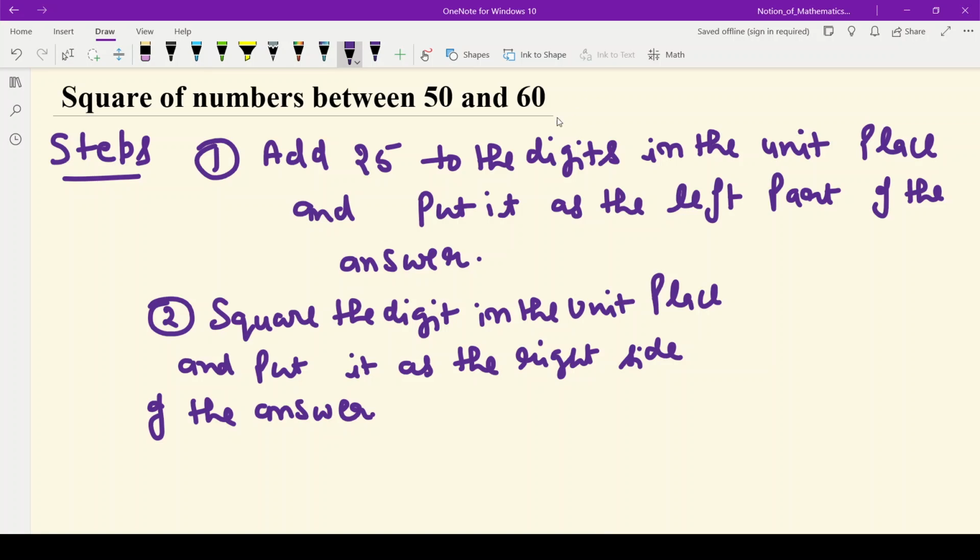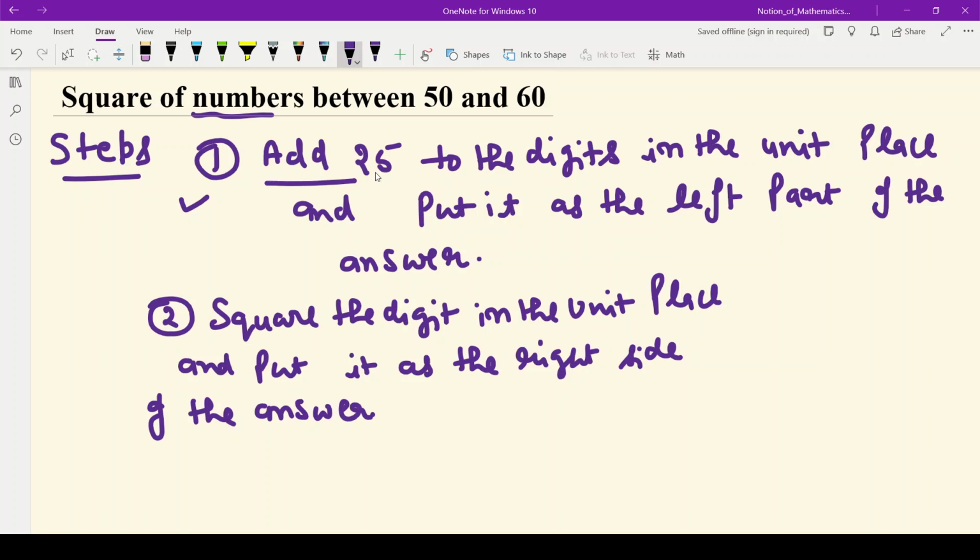In this video I am going to tell you how to square the numbers between 50 and 60. In order to square such numbers, there are two steps. What is the first step? I have already written it here.